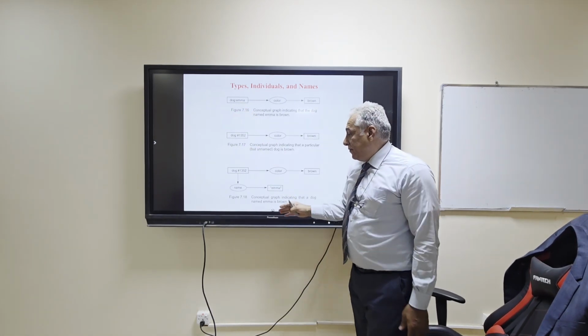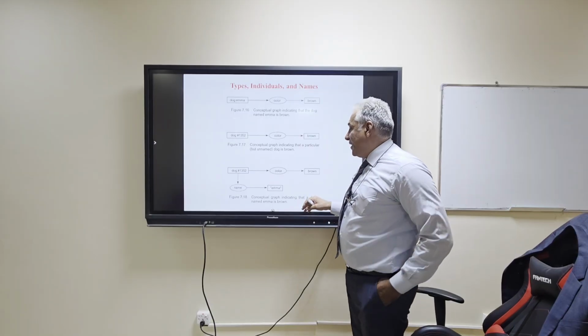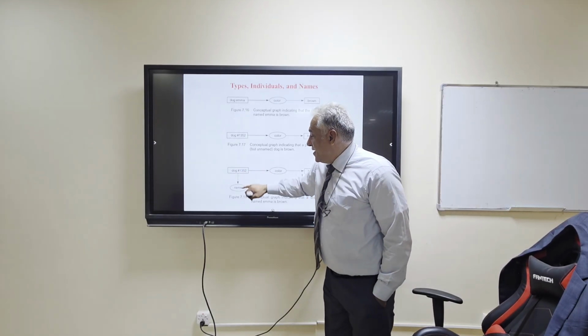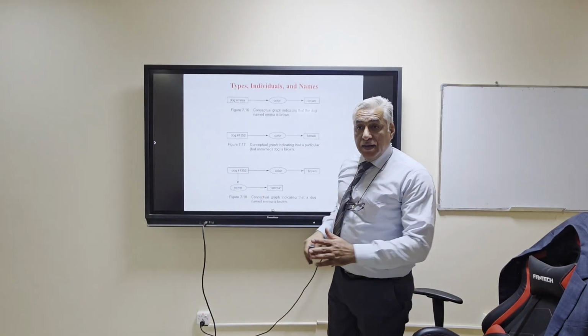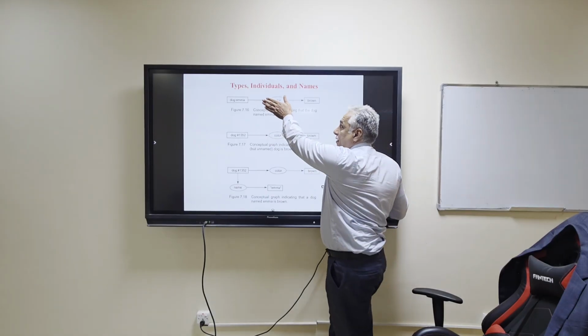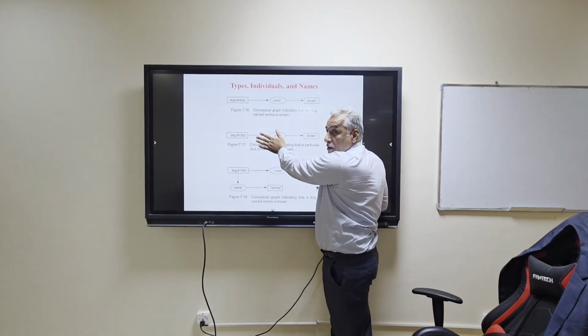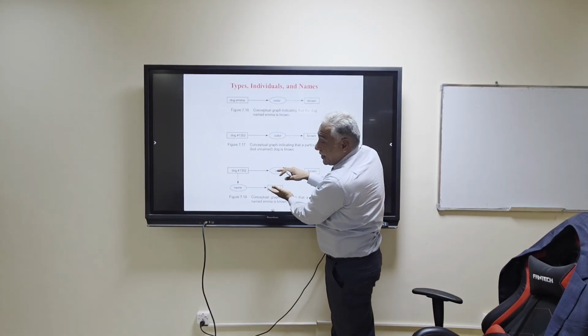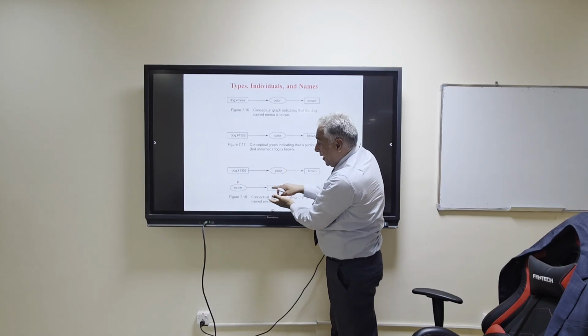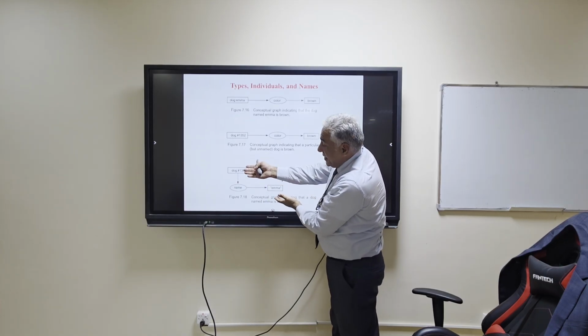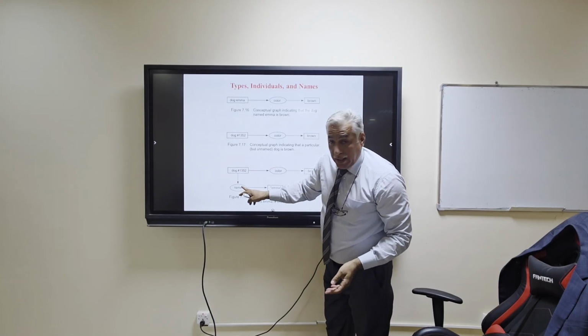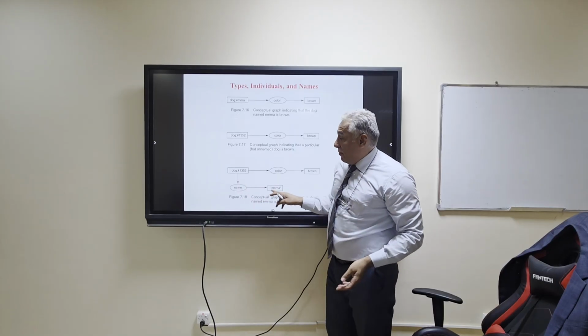And this conceptual graph indicates a dog named Emma. Now, this is specific and this is general. This represents the specific and the general, and assigning the general to its specific called Emma.